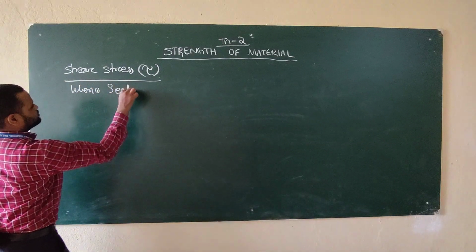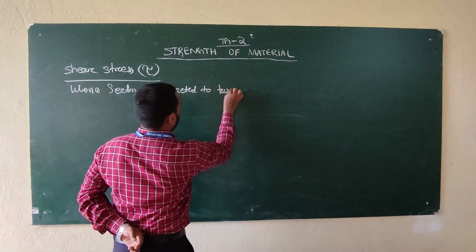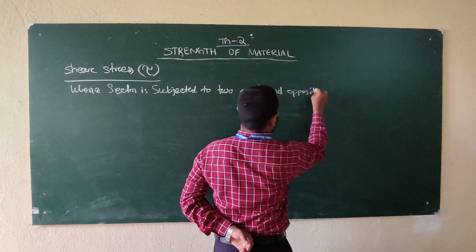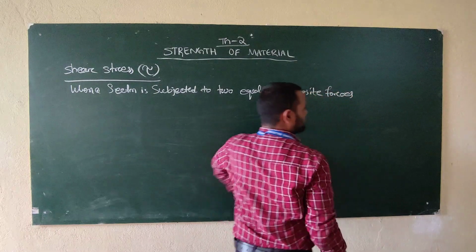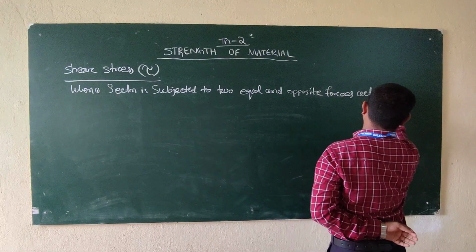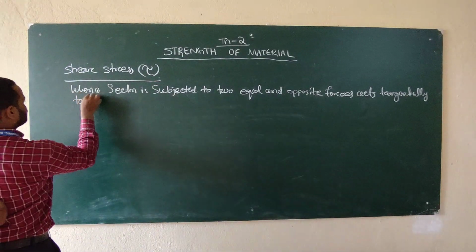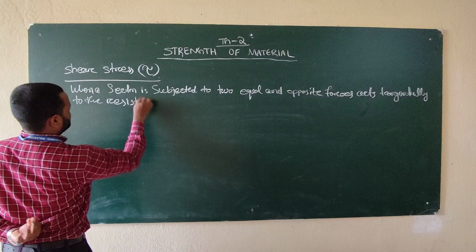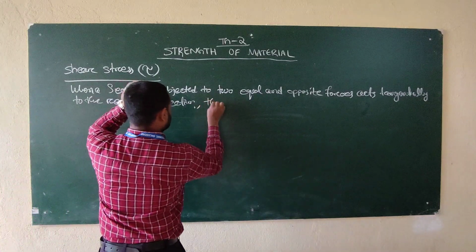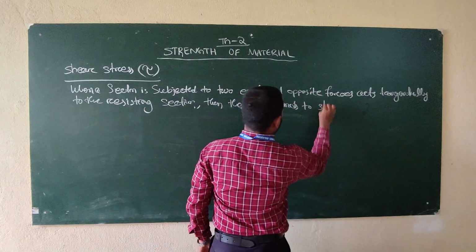When a section is subjected to two equal and opposite forces acting tangentially to the resisting section, the body tends to shear off.